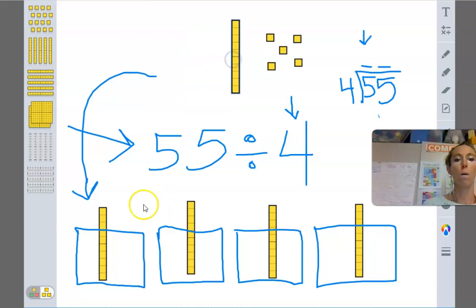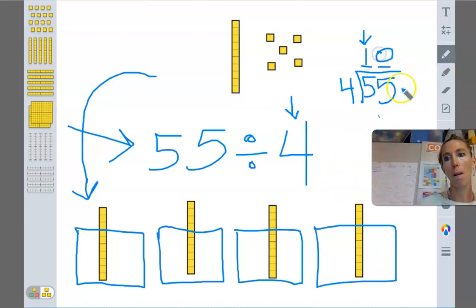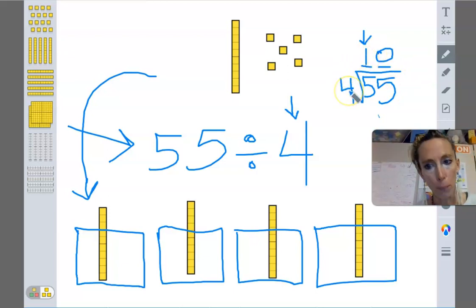Okay, so I'm not able to give everybody 2 of the 10s. I'm only able to give them 1 of the 10s. So each person, I'm going to put that up here, gets 10 pieces. So I have 4 people, and they each got 10 pieces.